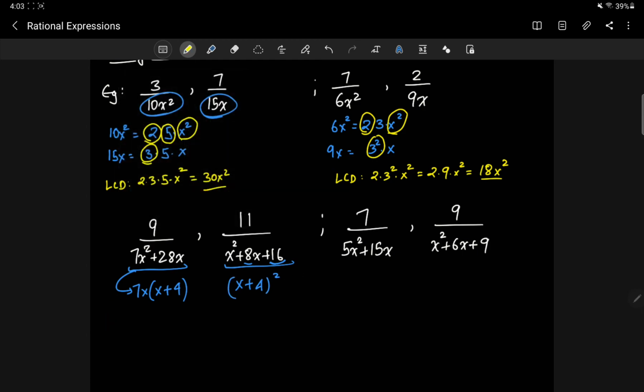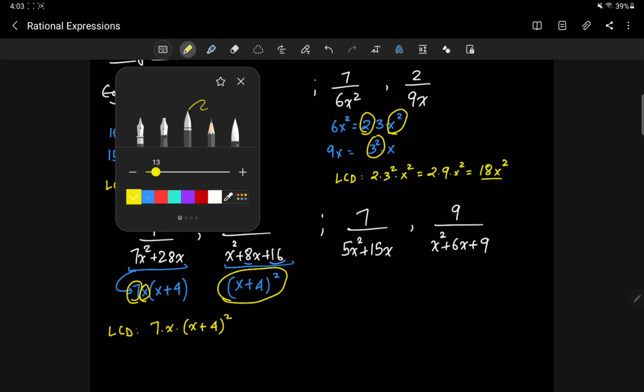So when you're writing the LCD now, the highest power of 7 is this, highest power of x is x, but the highest power of x plus 4 is x plus 4 squared. So the LCD is 7x times x plus 4 to the power 2.